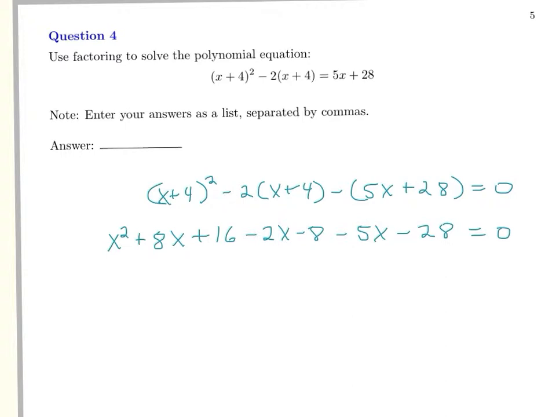So I've got x squared, that's this, and then I've got an 8x minus a 2x minus a 5x, so that all together gives me plus 1x. Then I've got a 16 minus an 8 minus a 28, and that gives me minus 20.